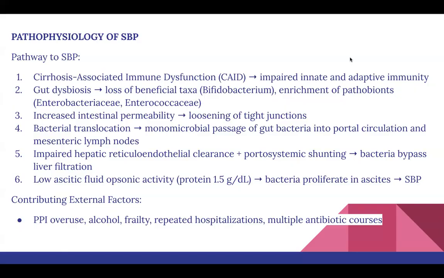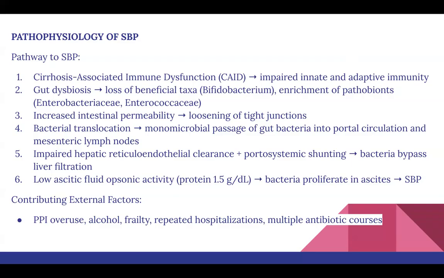So the pathophysiology of SBP: typically in cirrhotic patients, there's an immune dysfunction, so impaired innate and adaptive immunity. In cirrhosis, these patients cannot produce complements and immunoglobulins, so all of that decreases their immune system.